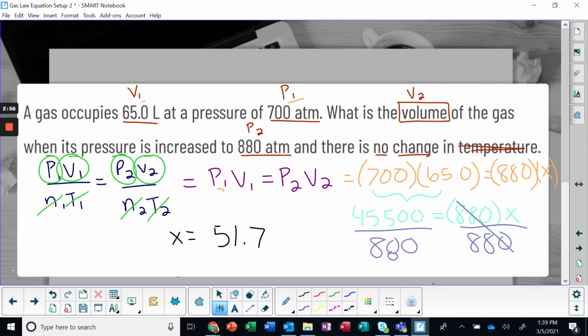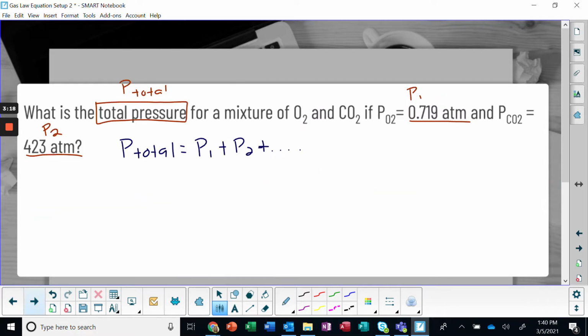And I was looking for volume, right? And volume is in liters, so it should be liters. And there we have it. So we're just using basic algebra to solve our problems. All right, moving on to the next problem.